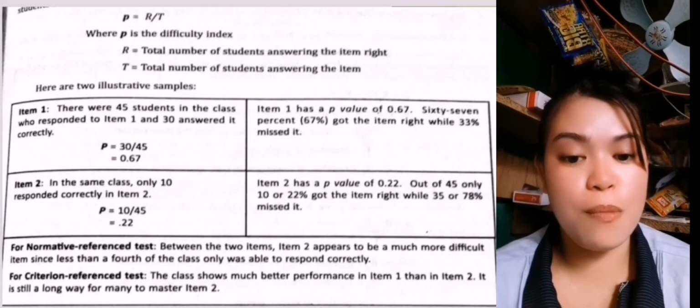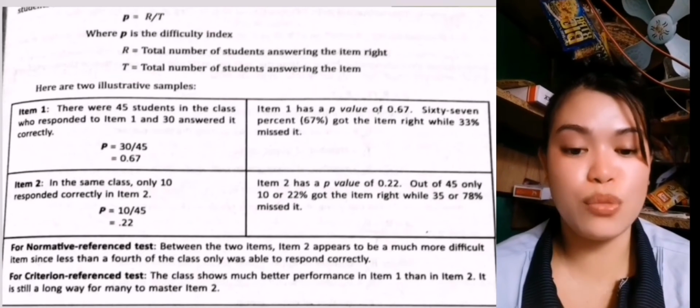It is a long way for many to master item 2. The p-value ranges from 0.0 to 1.0, which indicates from extremely difficult, as no one got it correct, to extremely easy, as everyone got it correct.